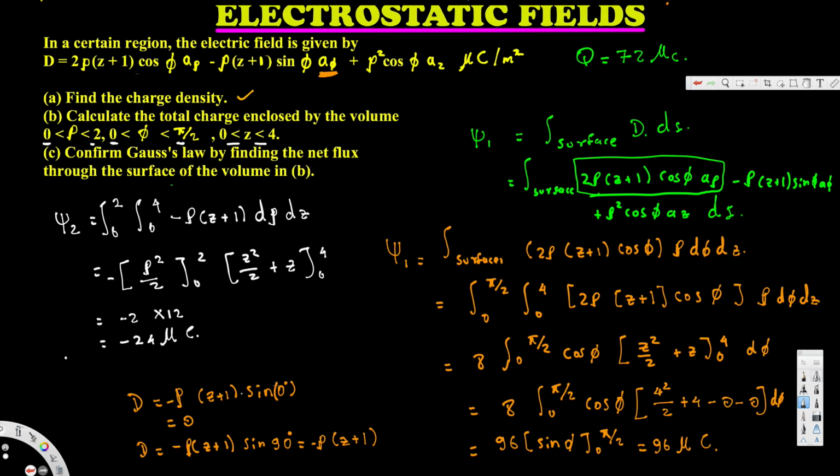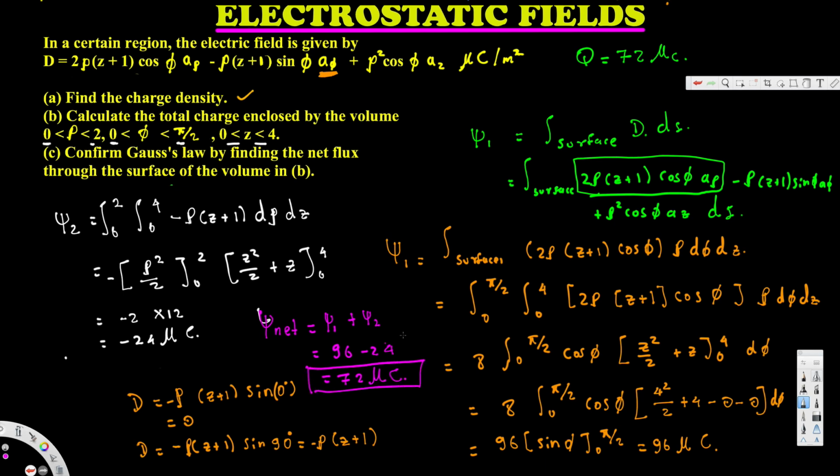Psi net, that's going to be equal to psi 1 plus psi 2. Psi 1 we got to be 96, psi 2 we got to be negative 24, and that's going to give us 72 microcoulomb, and this is what we get finally.